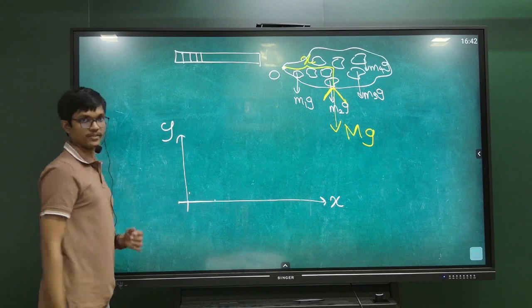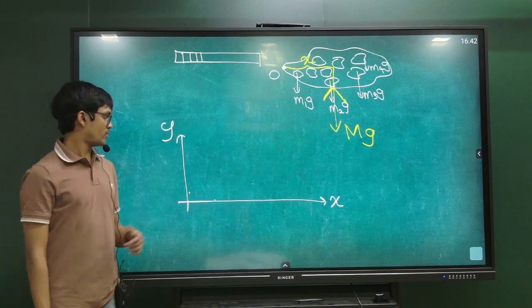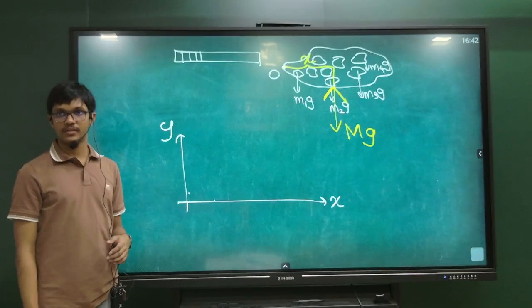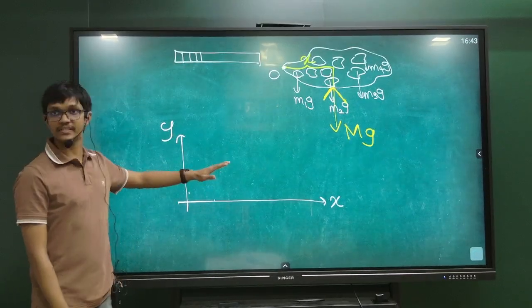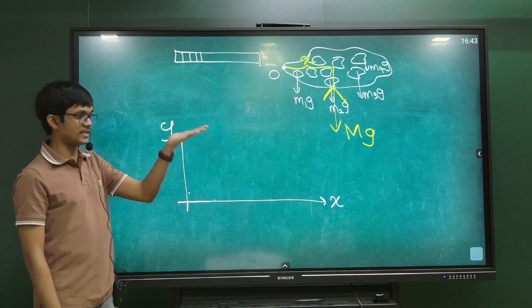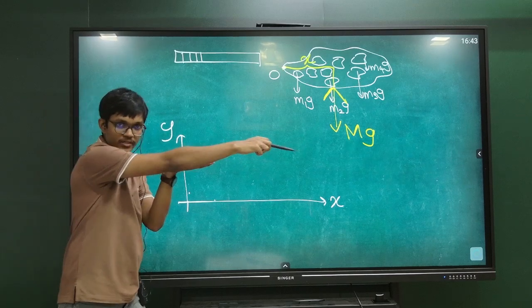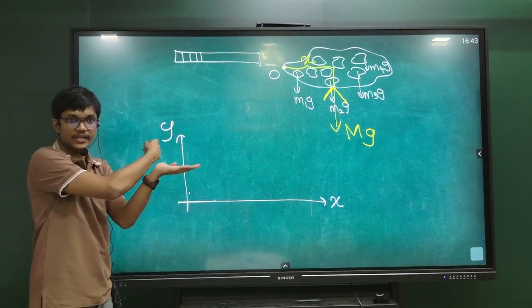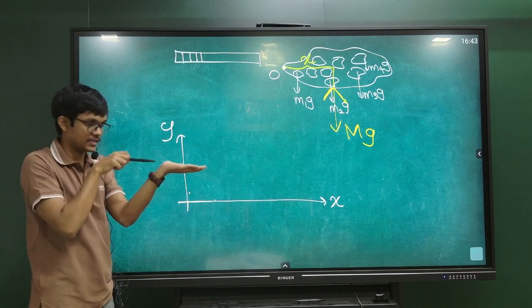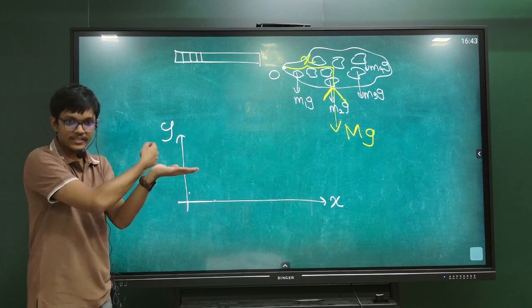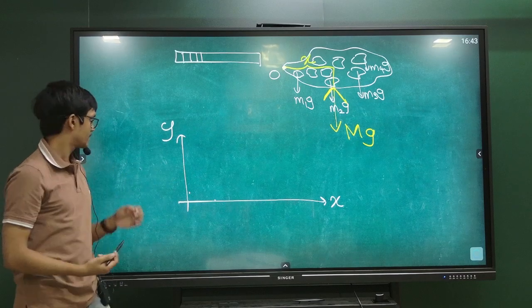Okay, attention. You have a system like this. This plane is like this, XY, X is in this direction, Y is in this direction, okay?